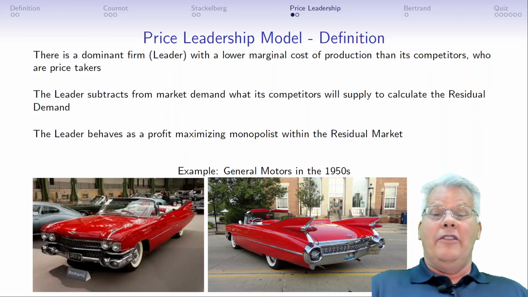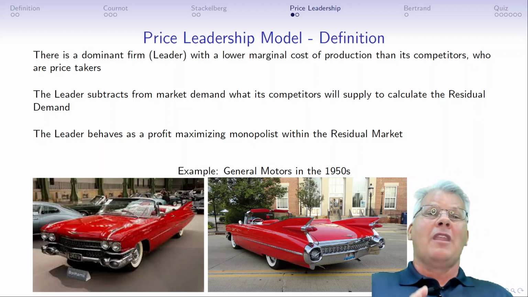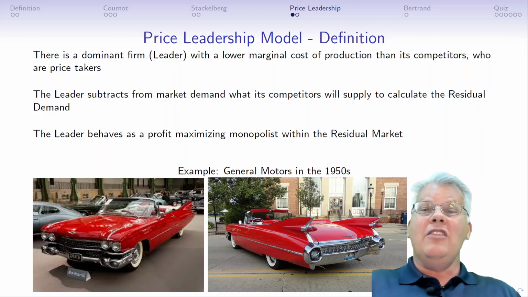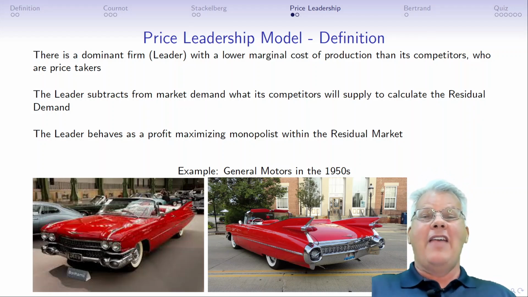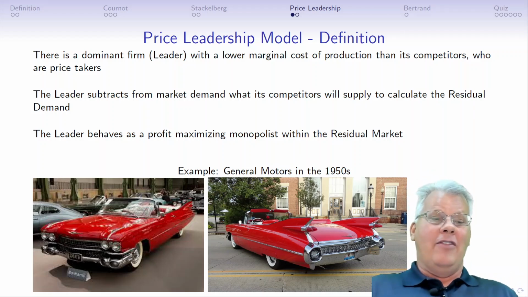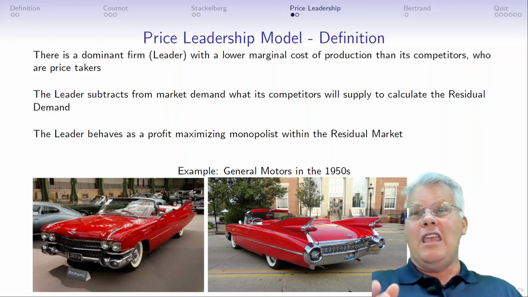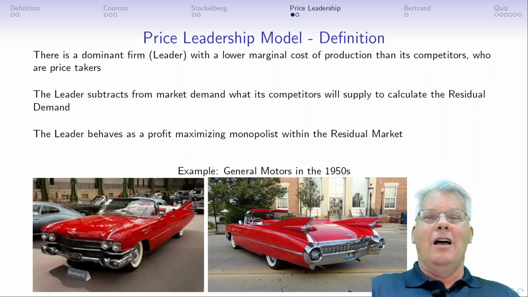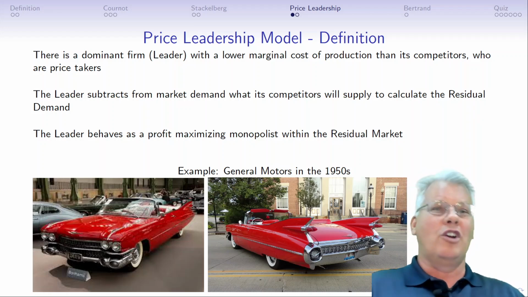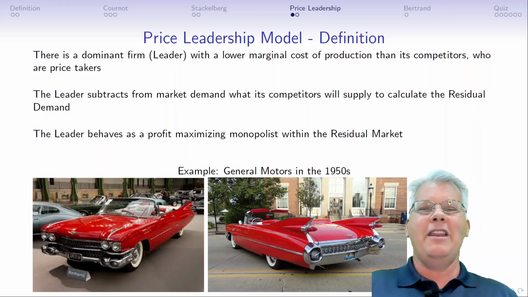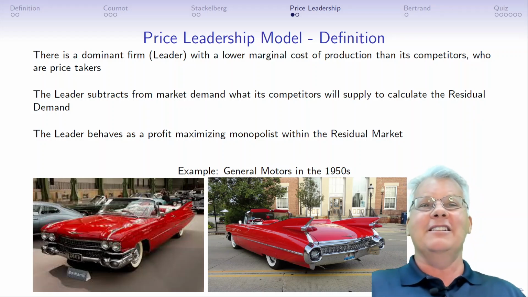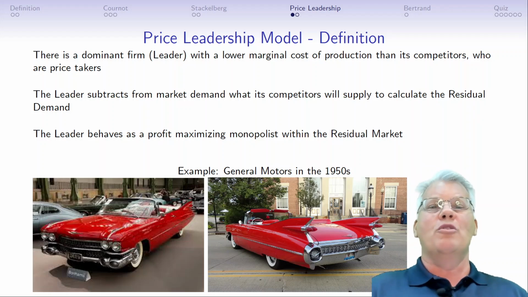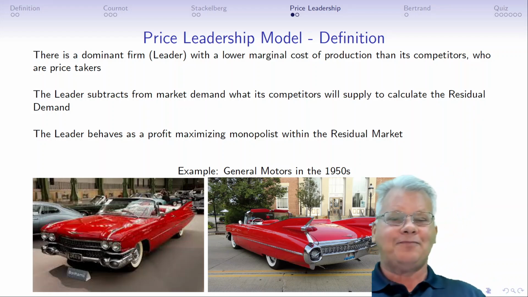So they had lower costs, and General Motors, being the price leader, had the ability to basically set the prices of new cars. And then roughly 4 or 5 days later, their competitors, Ford, Chrysler, and the various independents, would announce their prices in response to what General Motors set.